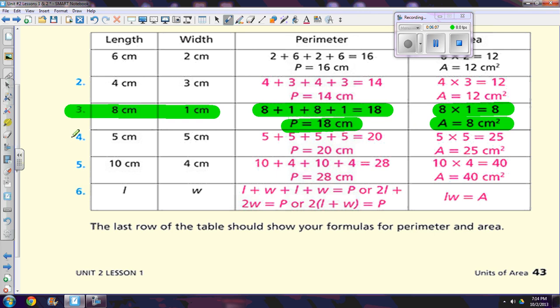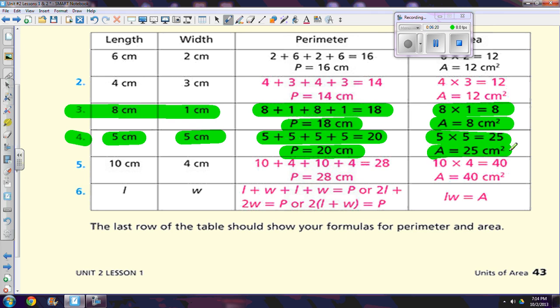Number 4, you have 4 centimeters, 5 centimeters. So it'd be 5 plus 5 plus 5 plus 5, which would be 20 centimeters. And then 5 times 5 would be 25 centimeters squared. Number 5, you have 10 centimeters and 4 centimeters. So we're talking 10 plus 4 plus 10 plus 4, 28 centimeters. 10 times 4 is 40 centimeters squared.